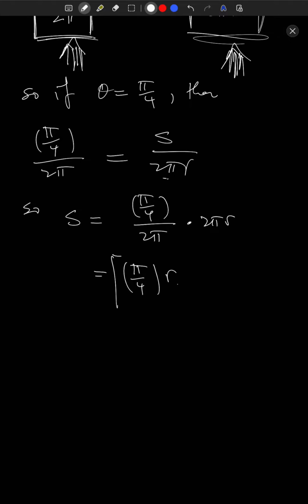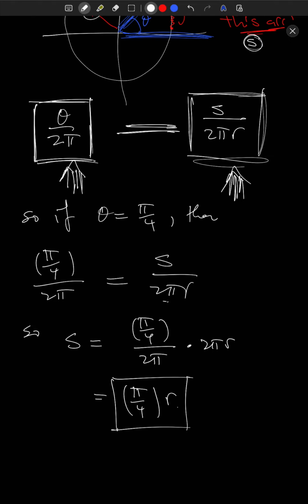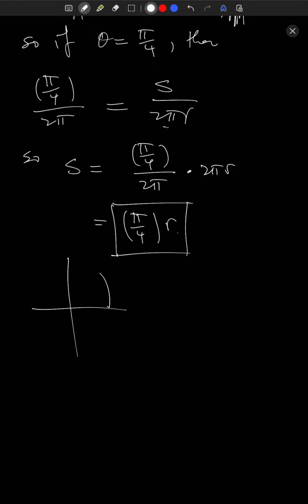So again, what is that S? That's literally the length of this arc right there. If you took out a tape measure, so let's say r was equal to 2, so this here would be 2.